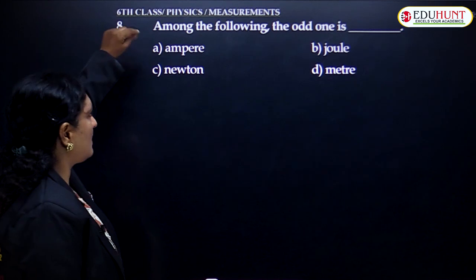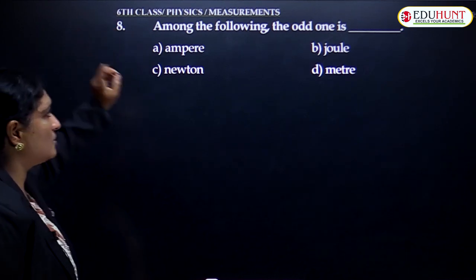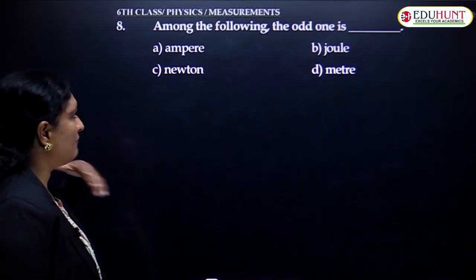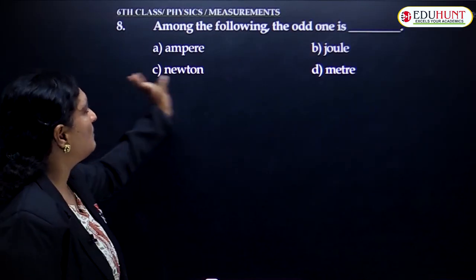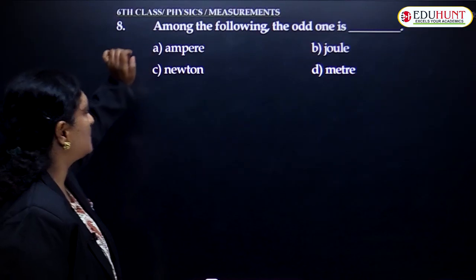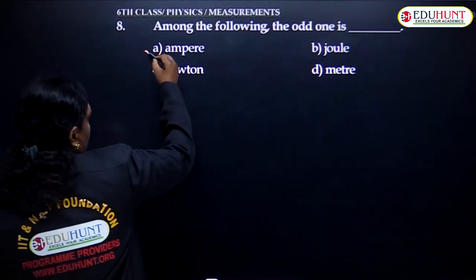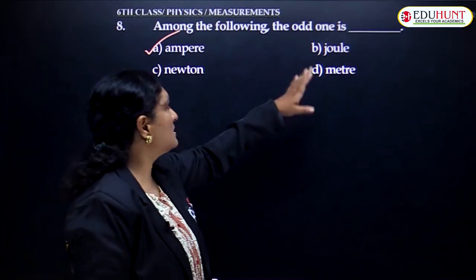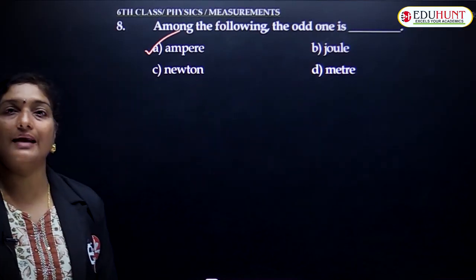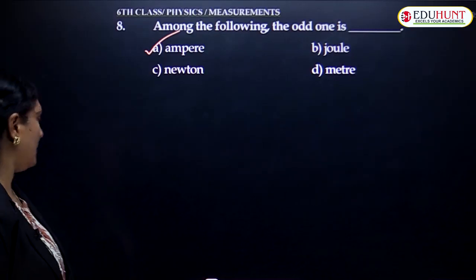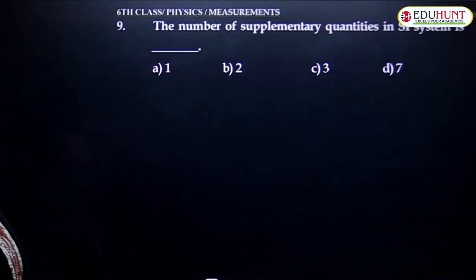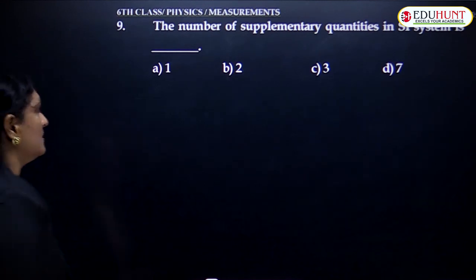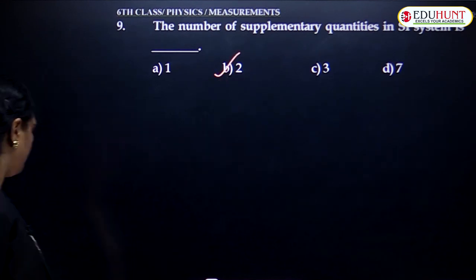Ampere comes under the electricity concept, whereas Newton, Joule and meter come under mechanics. So as ampere comes under the electricity topic, let us consider ampere as the odd one out, because we'll be learning joules, meter and newtons based on classical mechanics in physics. Okay. Next, the number of supplementary quantities in SI system is, there are 2 supplementary quantities. Okay, they are option number B.